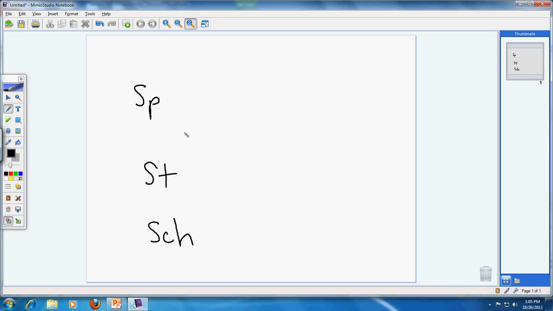So for example, when you have an S and a P starting off a word, let's just do the country Spanien, and in Spanien they speak Spanish.